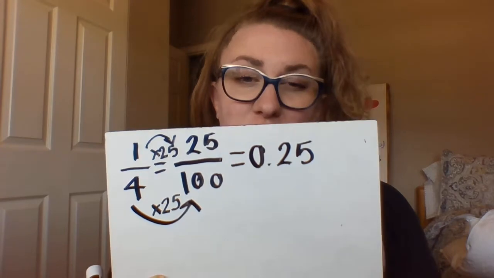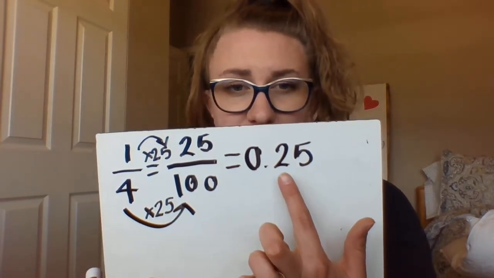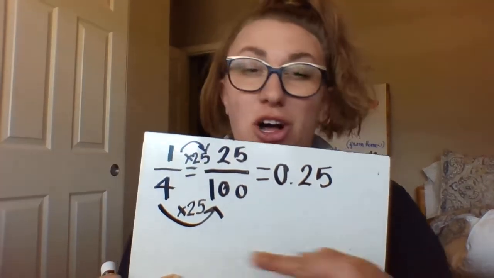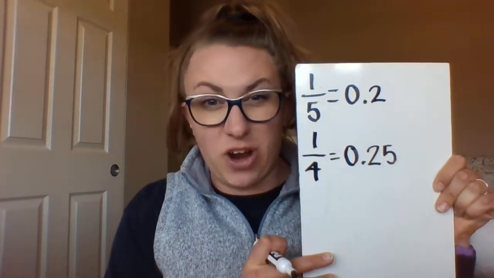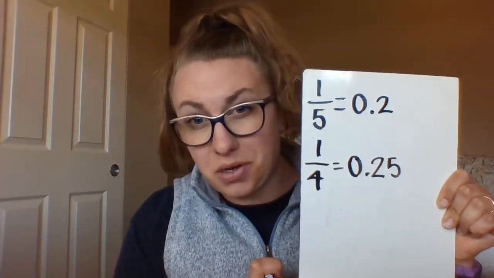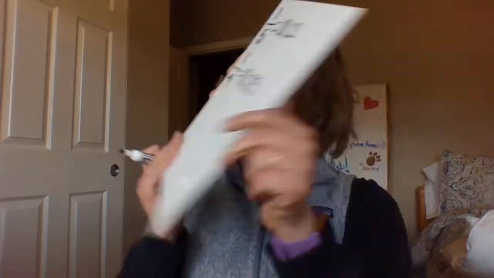Or you could think of it as 2 tenths and 5 hundredths. Same thing, they're all equal. I'm going to add that 1/4 is equal to 0.25 to my common fraction notes off to the side here. That might help me on practice later.